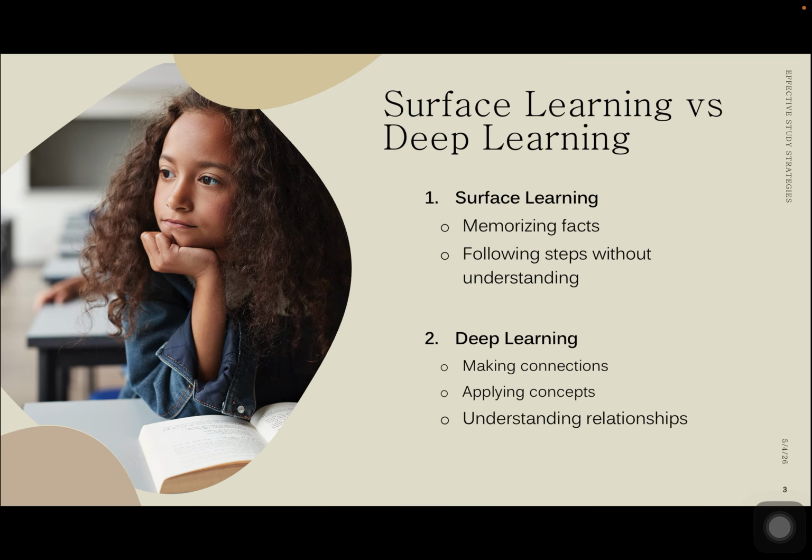Ormrod tells us that there are two different types of learners. The first learner is a tell me what to do learner, and the second one is a let me apply it myself learner. The tell me what to do learner is really on the surface level of learning because they're just getting information from the board and writing it on the paper, or they're just following the steps of the assignment and not really searching for a deeper connection to themselves or even to Jesus.